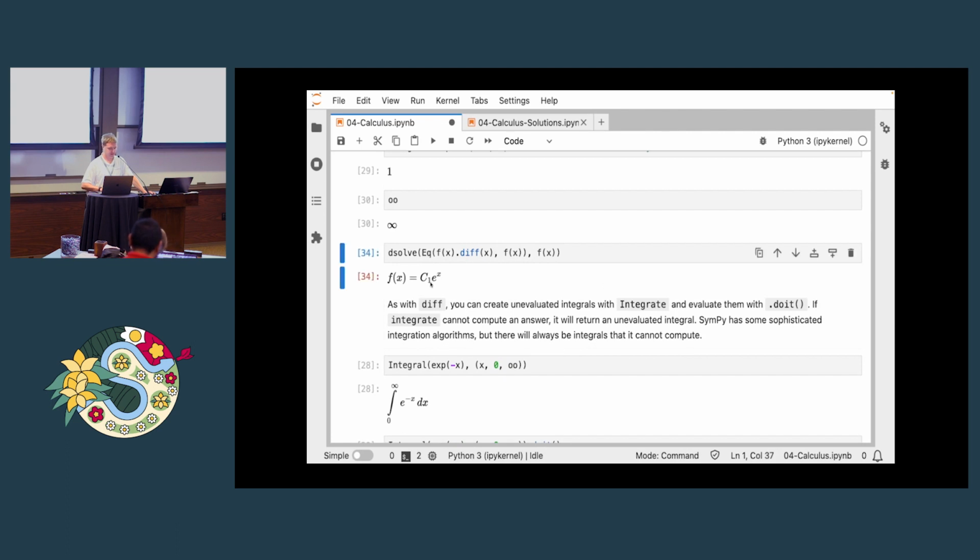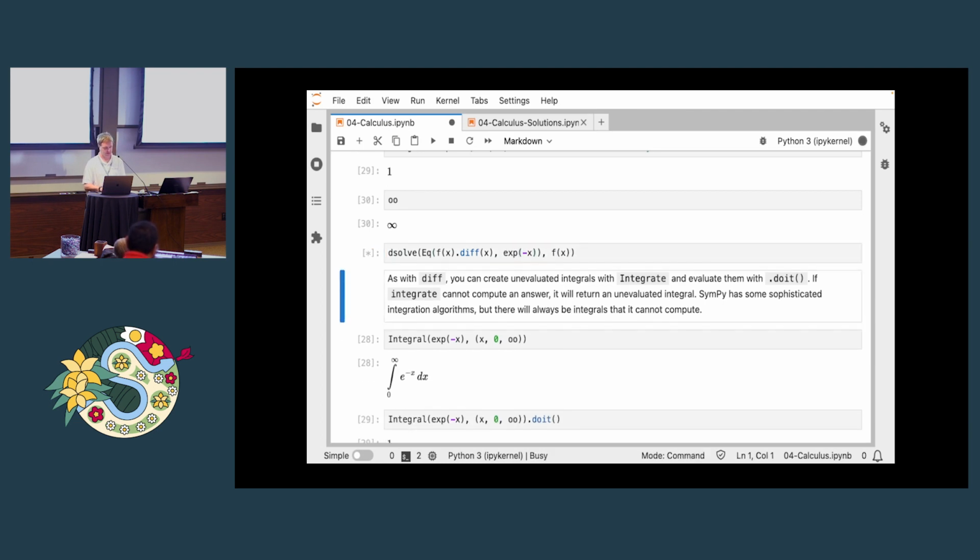This is C sub 1. Oh yeah. So you could do this if you really want.